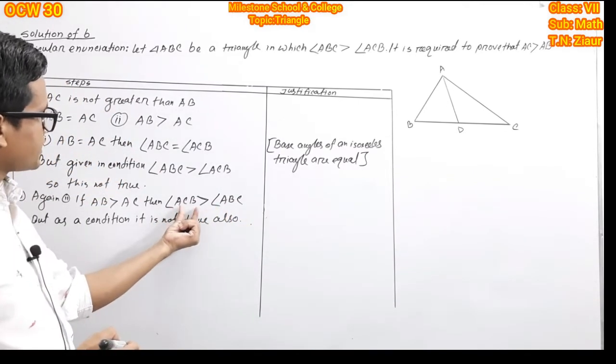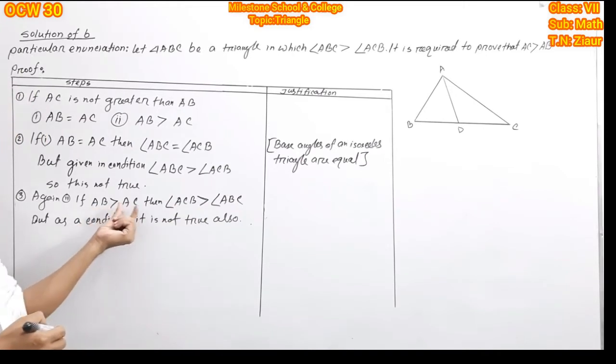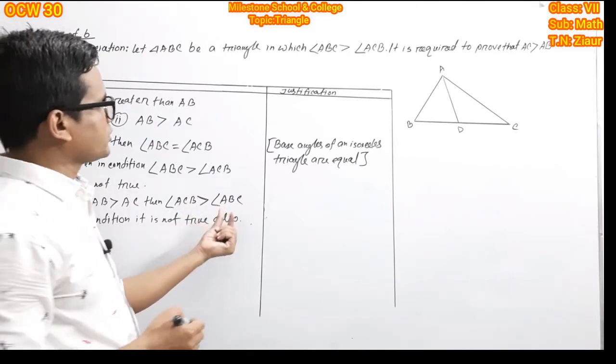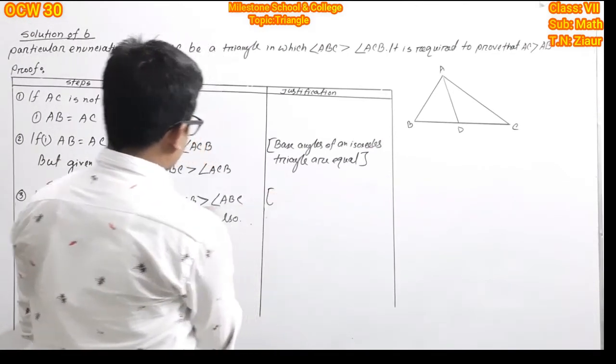And why is it greater, students? If AB is greater than AC, then angle ACB is greater. Why?